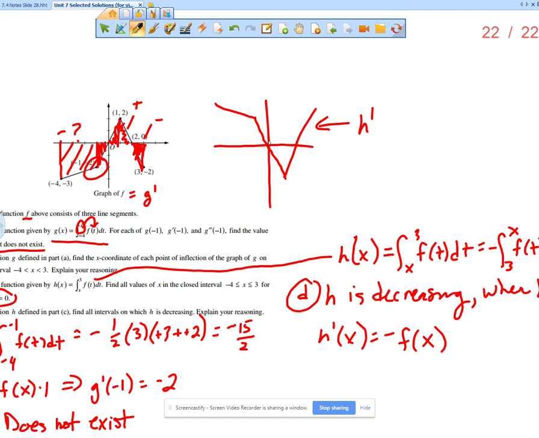And the question is, find all intervals for which h is decreasing. What does that mean? That h prime is less than 0. So in other words, when is this graph below the x-axis? So h is decreasing when h prime is less than 0, so on the interval 0 to 2. And that is part D.